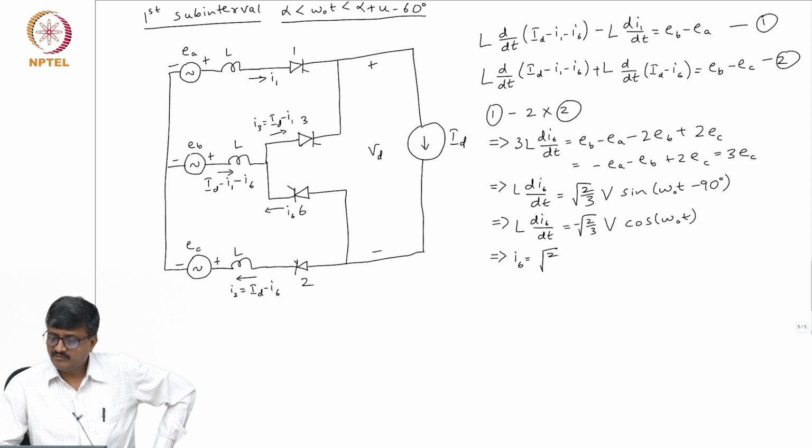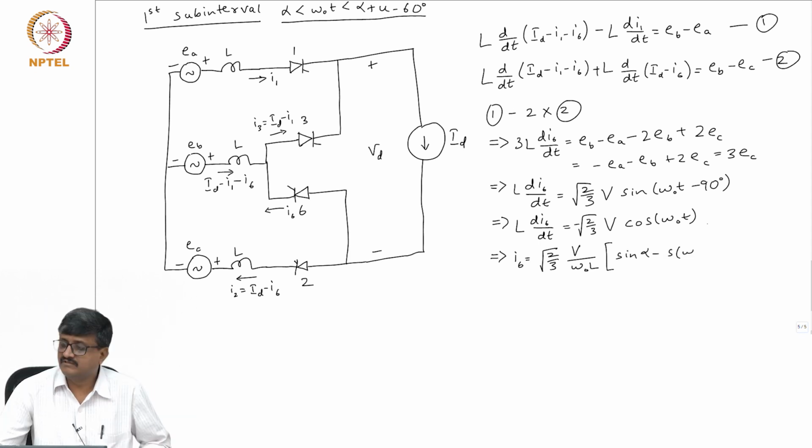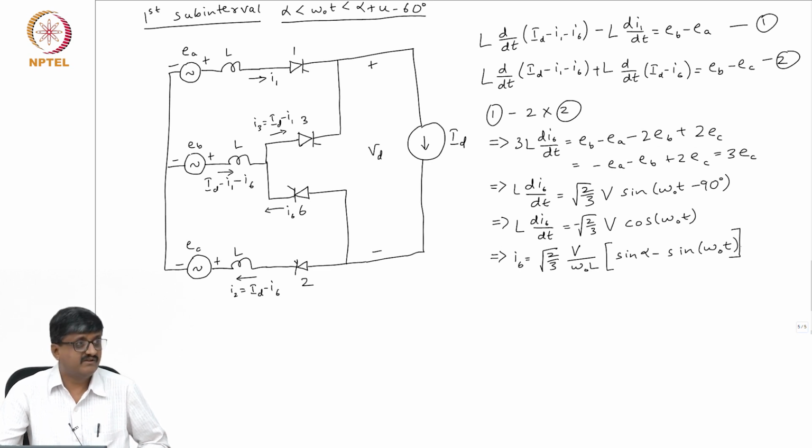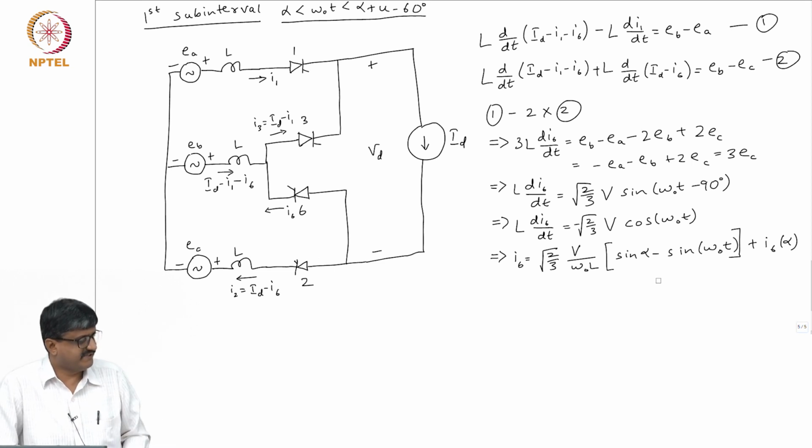Can I say that this is equal to root 2 by 3 V by omega OL into sin alpha minus sin omega ot, plus I6 of alpha. Yeah, that is correct. How to get an expression for I6 of alpha?